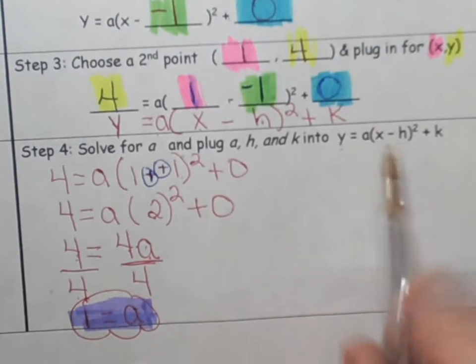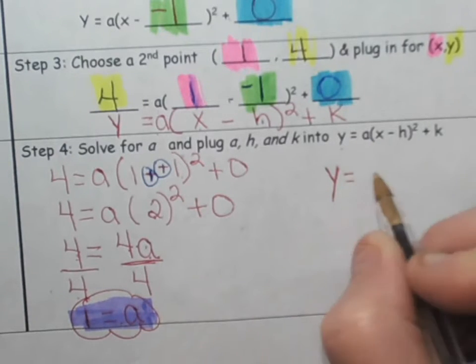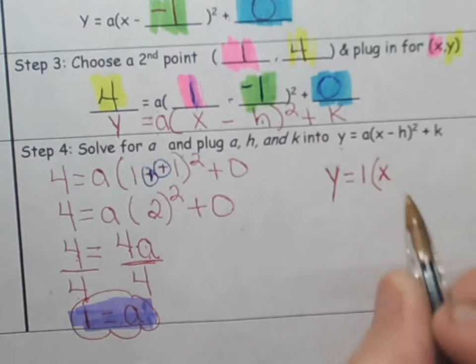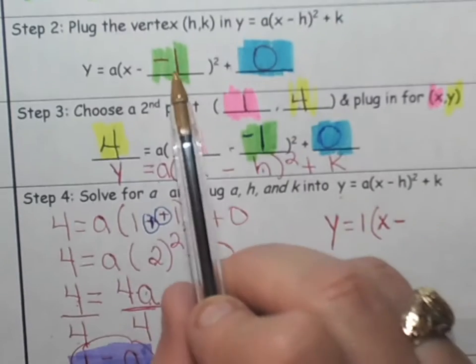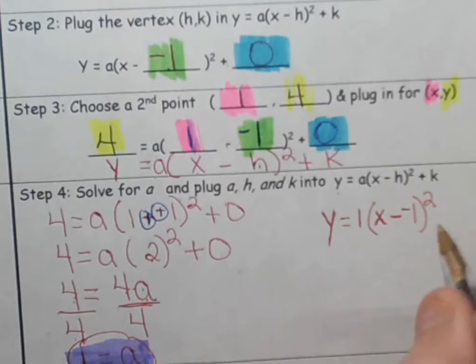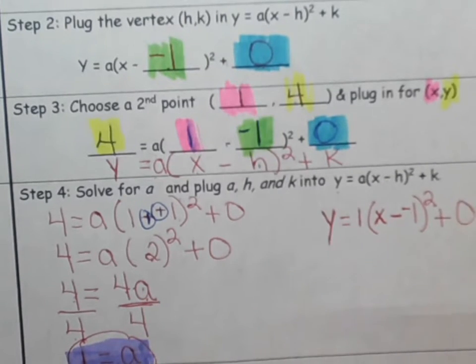So once we know all our values, we're going to go back and plug in to this equation right here. You're going to leave y as y, and instead of a, a is 1, x stays x, and right here we get minus h. And remember, h was negative 1, so minus negative 1, all squared, plus k, and k is 0.